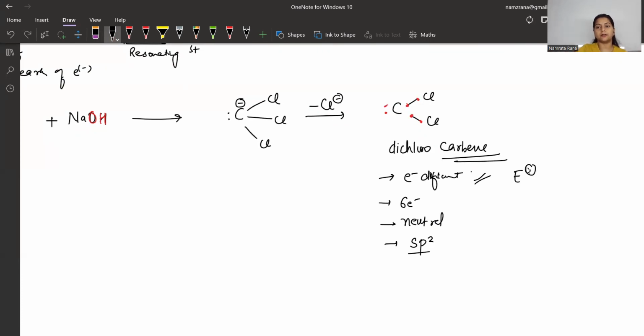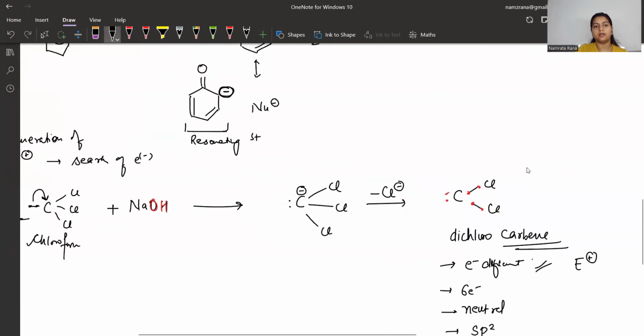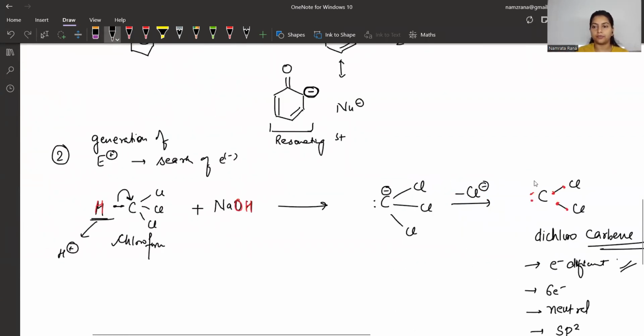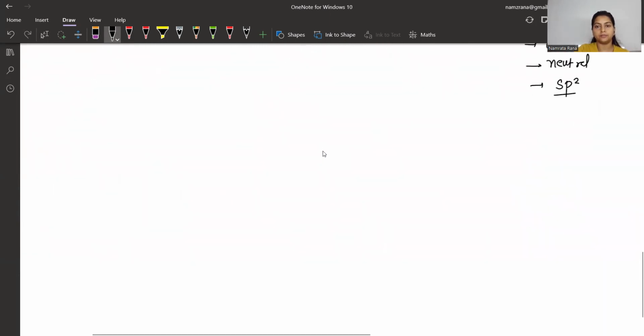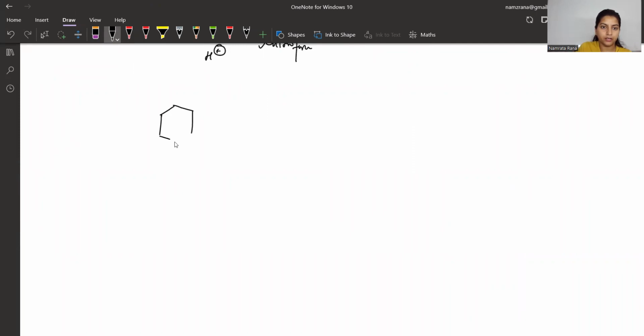As soon as this electrophile is generated, we will attack it on this resonating structure of phenoxide ion. So I'll write it separately, in which we had this from the first step: O with the negative charge on carbon here and double bond as it is.